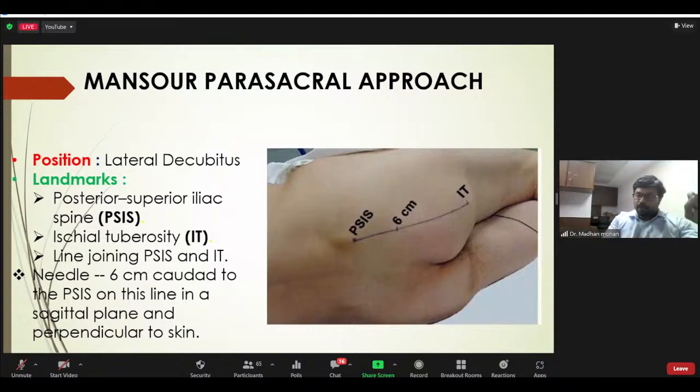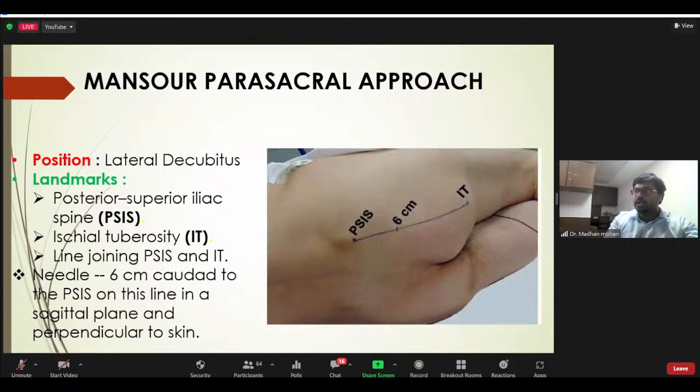You go perpendicular, and you may hit a bone. Suppose you are hitting a bone, it will be the lateral end of the sacrum. Like the sacrum is lying like this. This will be the sacral margin. If you are hitting the bone, you may need to pull out about 1 or 2 centimeters and then go further lateral. And you don't go beyond 2 to 3 centimeters after hitting the bone.